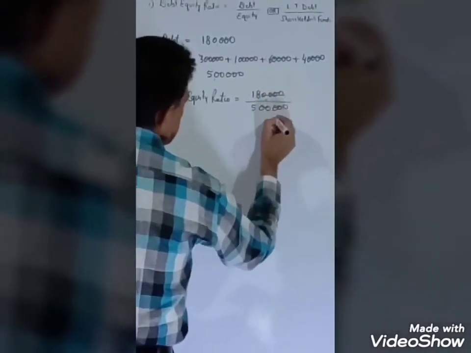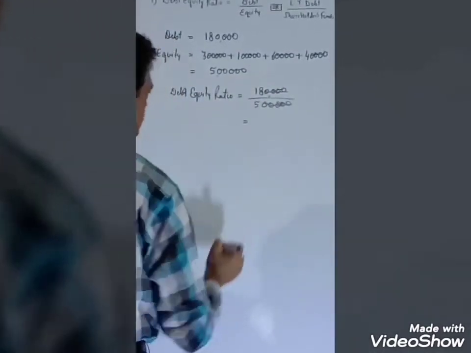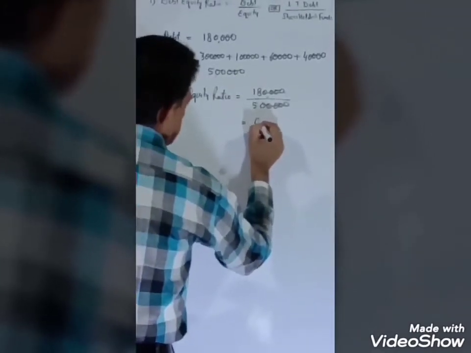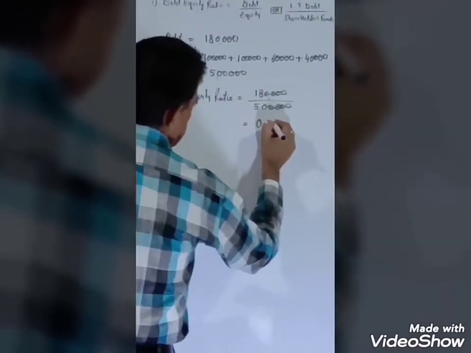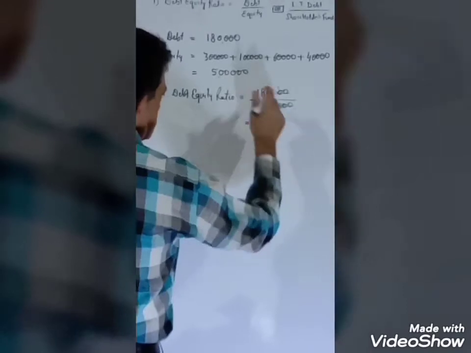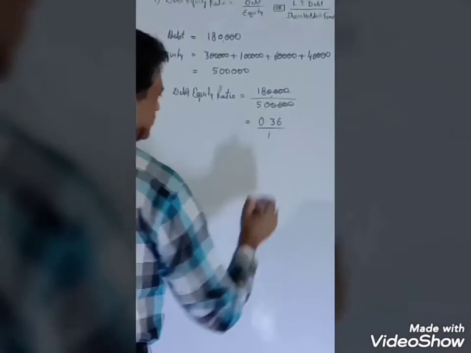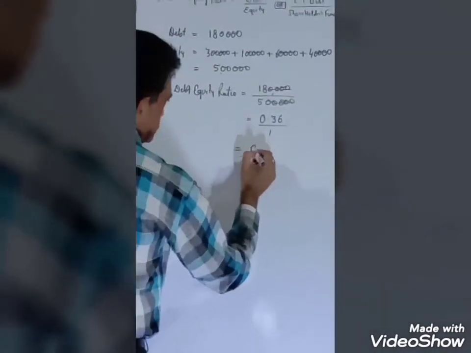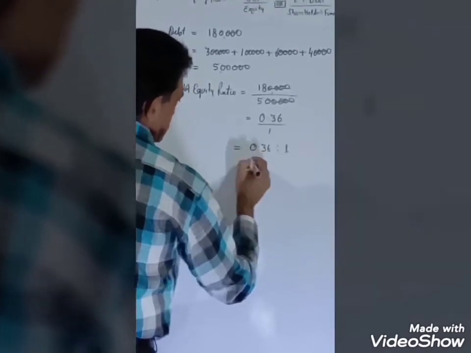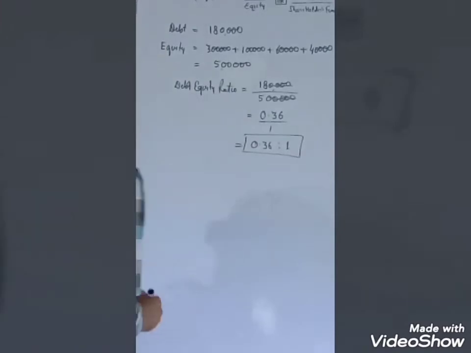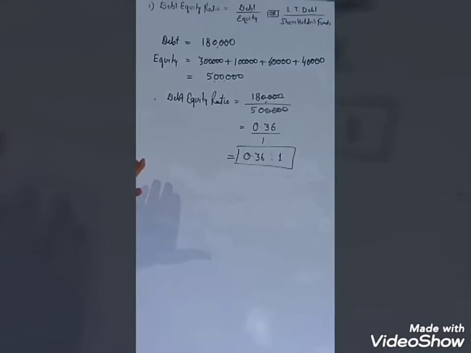So we will get 0.36. This will be written like this: 0.36 ratio 1. This is your answer. Debt equity ratio 0.36 ratio 1.